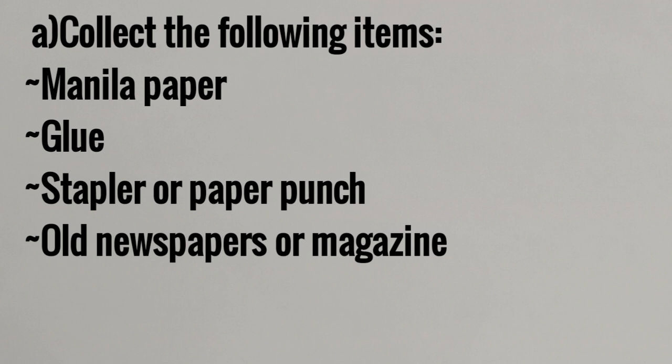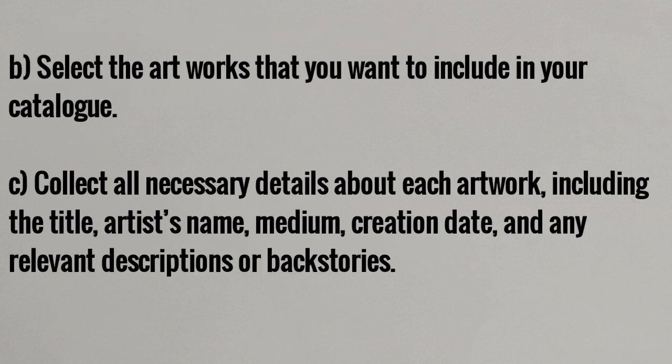We have the manila paper, we have the glue, stapler or paper punch, then old newspaper or magazine. So those are some of the things you need when creating a catalog on drawing and painting.